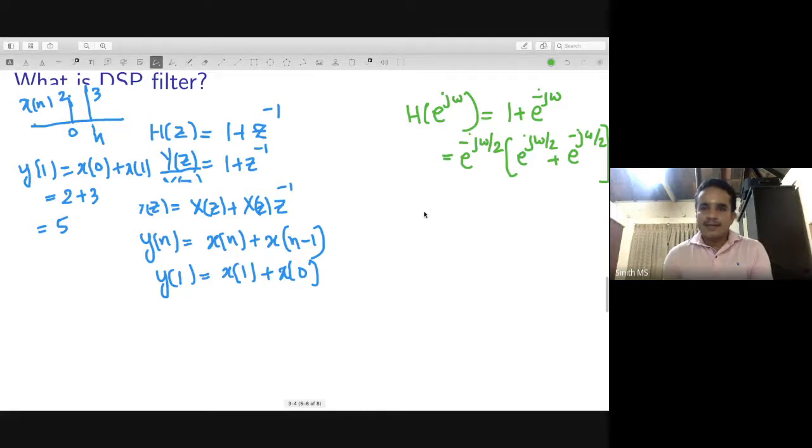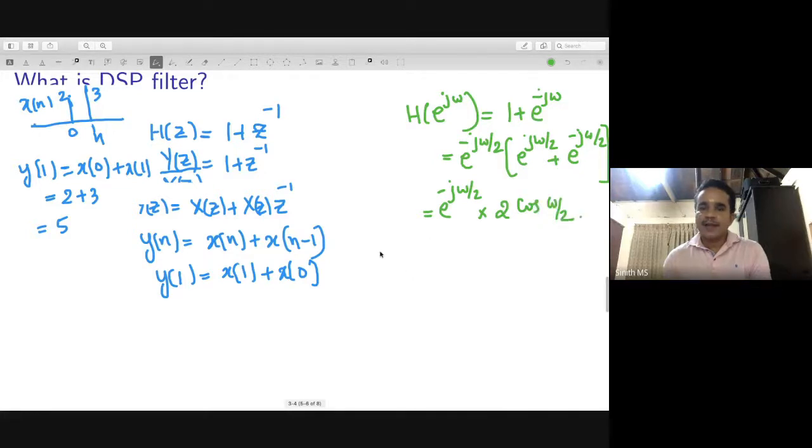Now this you can write as e^(-jω/2) into (e^(jω/2) + e^(-jω/2)), which is 2 cos(ω/2). So this whole thing becomes 2 cos(ω/2).